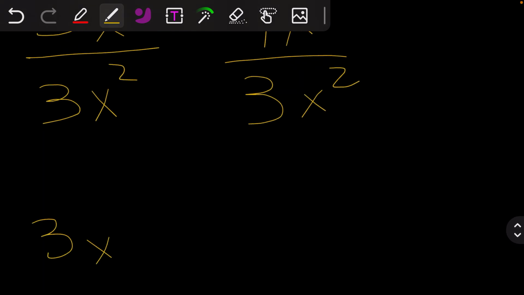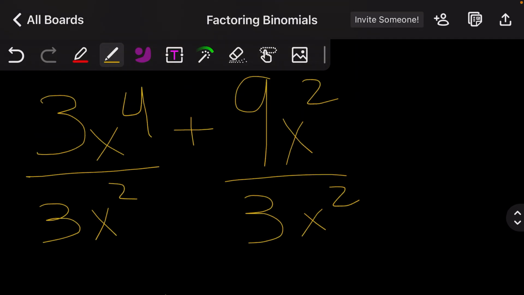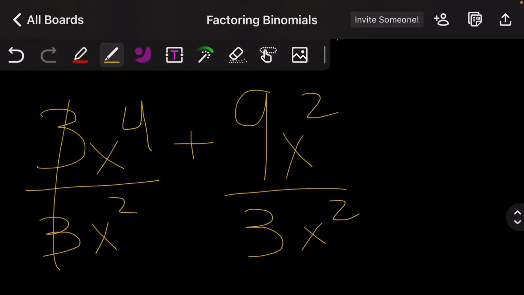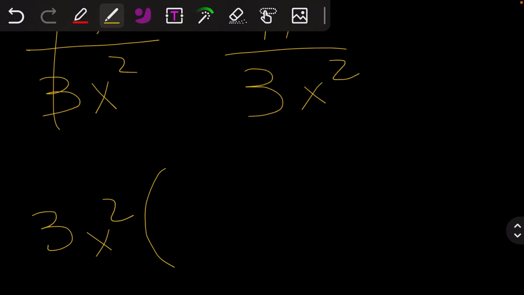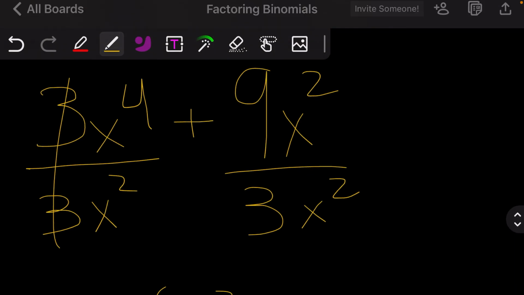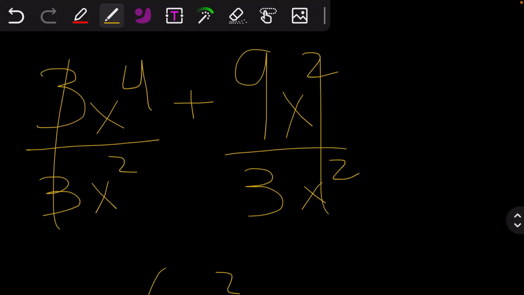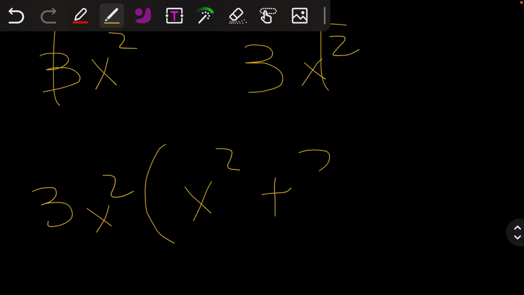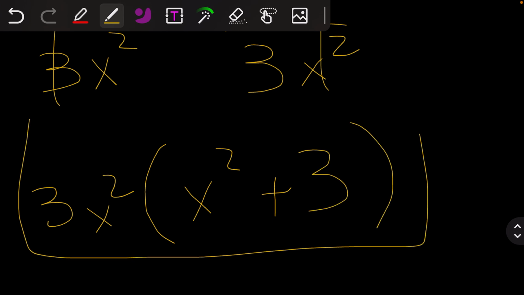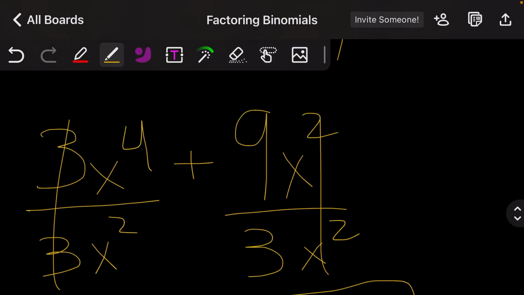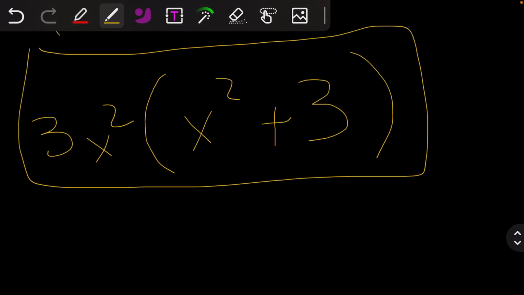So we're going to put that on the outside of the parentheses. And the aftermath, after we divide this, we're going to be left with x squared for that left term, and a positive 3 on the right term. So this is the factorization for our expression 3x to the 4th plus 9x squared.